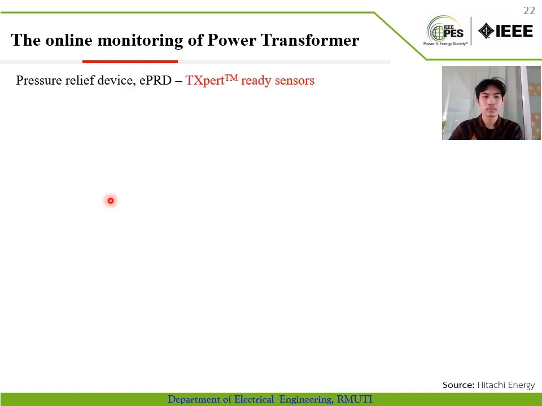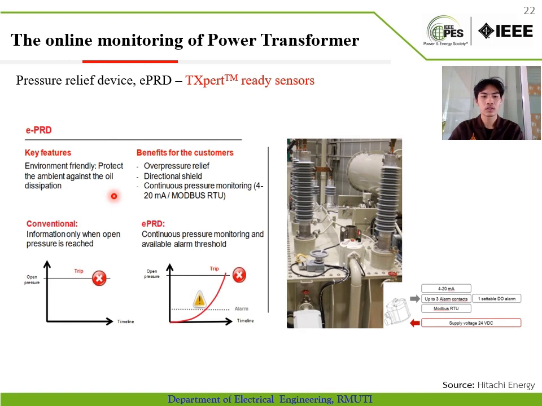The next one is the pressure relief device for continuous pressure monitoring by 4 to 20 milliamp or Modbus RTU. When we compare to a conventional system, the online monitoring system can provide an alarm threshold before the power transformer fails.